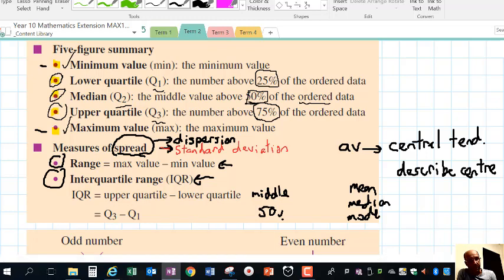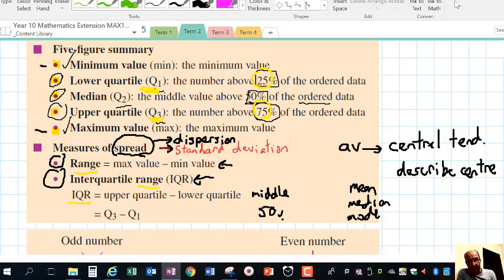So back up here, Q3 minus Q1. So see how it's the middle 50% because we're at the 75% mark minus the value at the 25, and you've got the middle range of 50%. So it's like this range, but it's the range in the middle 50%. So that will give us the interquartile range, Q3 minus Q1.